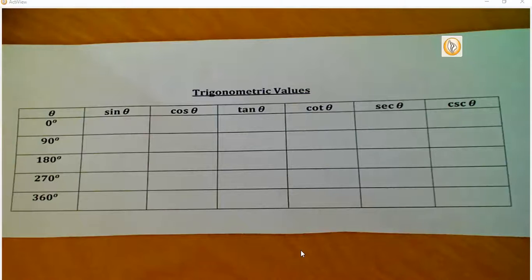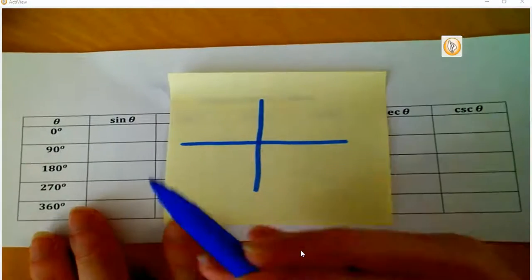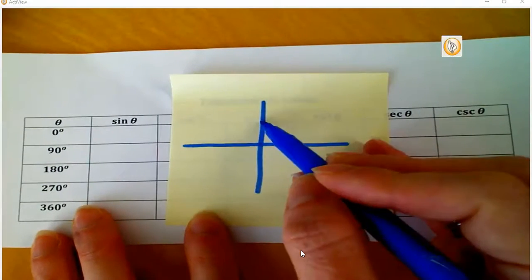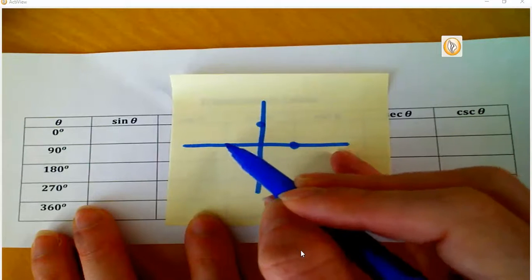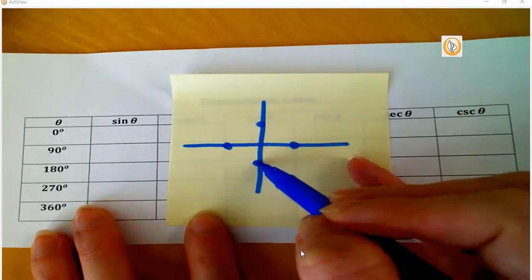So if I think about an xy axis, you notice the angles that I gave you are 0, which would be here, 90, 180, 270, and 360.